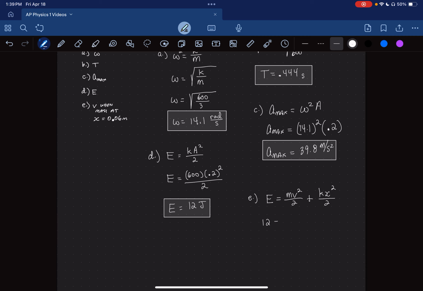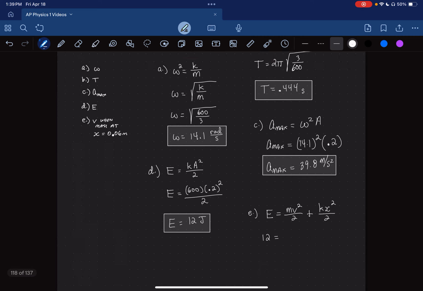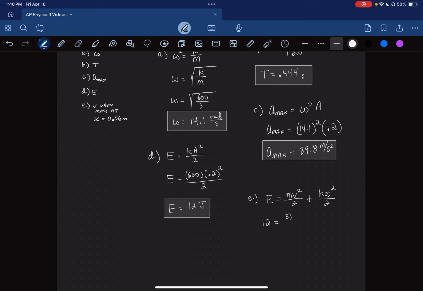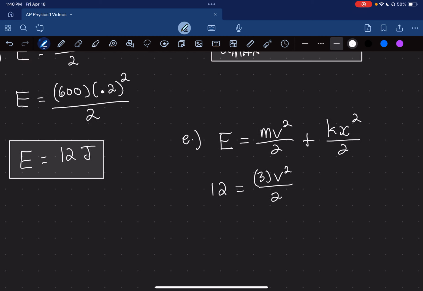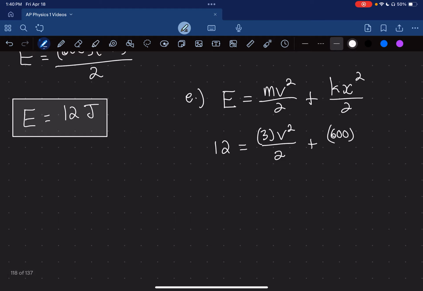So that's 12. The mass was 3. We don't know v. k is 600.